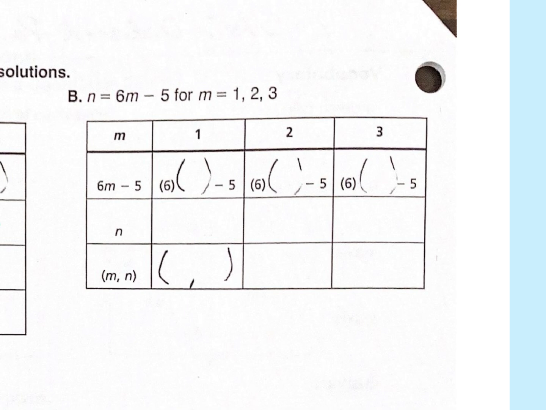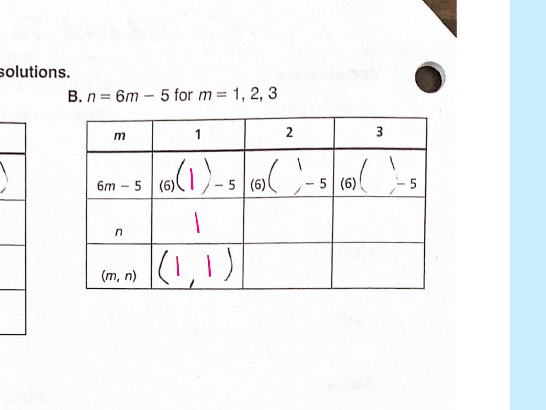So we're going to plug in to find n. n = 6m - 5, and we've got some values for m to plug in. First of all, we're going to plug in 1. So 6 times 1 minus 5 is 1, because 6 times 1 is 6 minus 5 is 1. And so for m, we have 1. For n, we have 1.